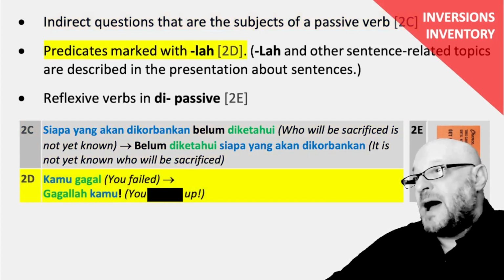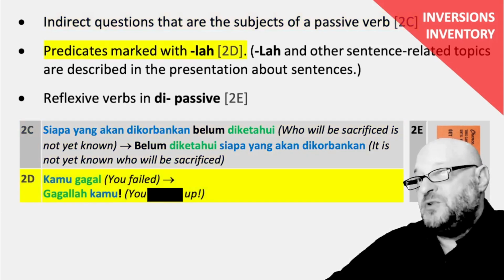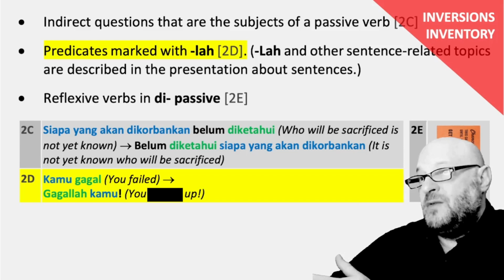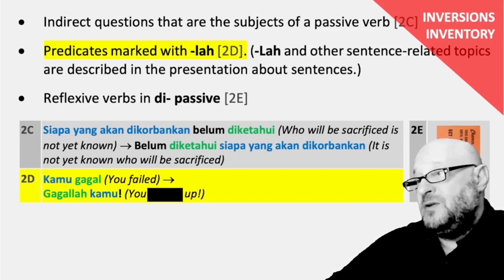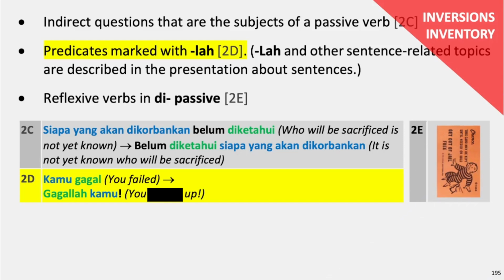Predicates marked with lah. Example 2d. The sentence kamu gagal, you failed, turns into gagalah kamu, you failed. Reflexive verbs in di- passive. Example 2e, there's our get out of jail free card.